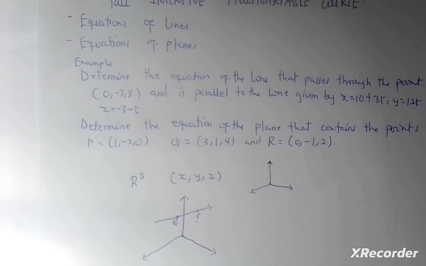In the plane, I have a particular vector somewhere which has the same direction as my line, and that will give the full definition of this specific line. So that will be here, which is a vector V.